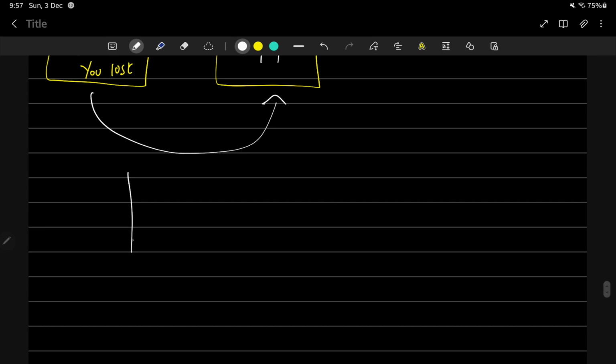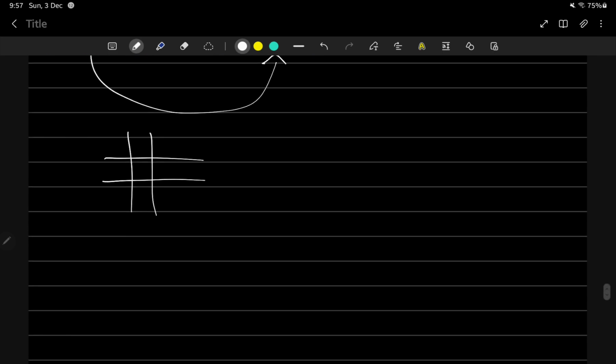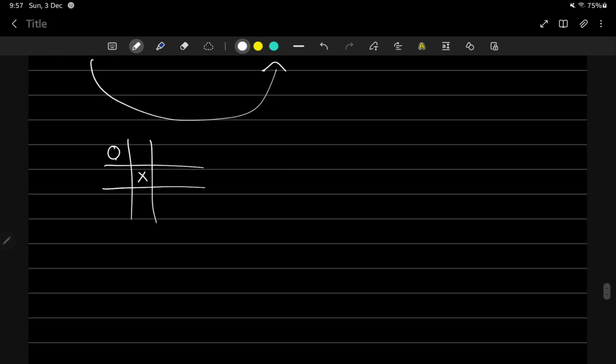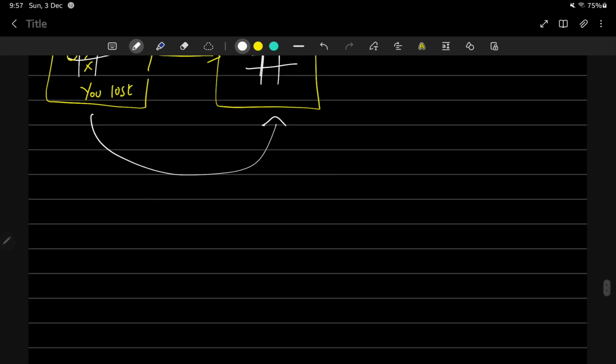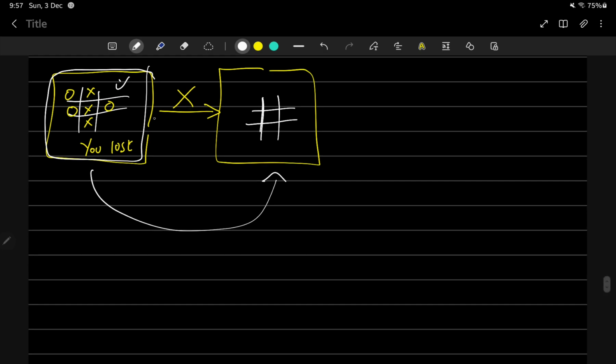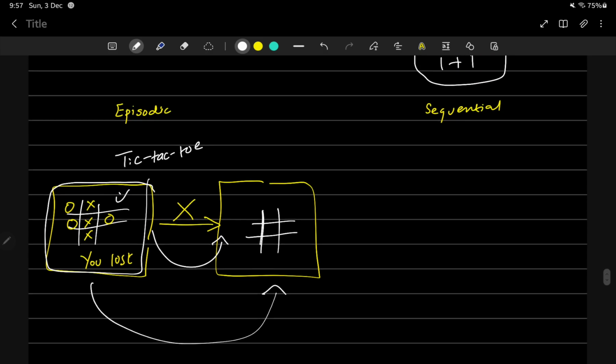If it was a new move in the same game, then this is not episodic anymore, because the move you have played previously actually affects your whole journey, right? This is something different. But if we talk about the whole game, whether you lost or won, it doesn't affect the next game.